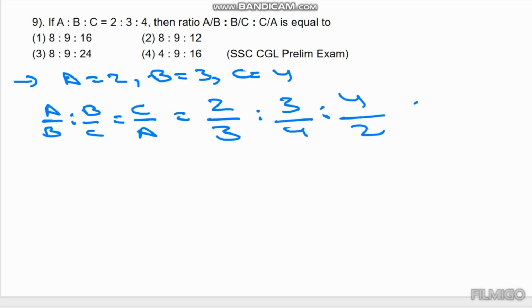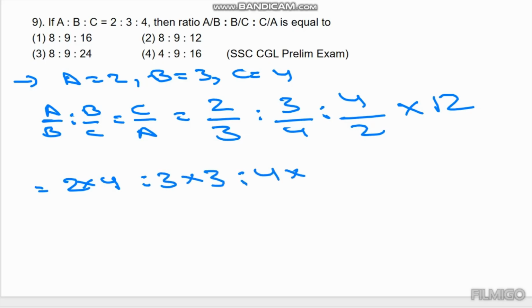So by taking LCM as 12, we can write it as 2 into 4 is to 3 into 3 is to 4 into 6. So 8 is to 9 is to 24. So the option 3 is correct answer.